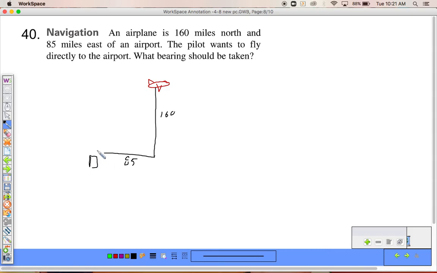I'll just draw some buildings. Here's our one runway. So it's 85 miles east and 160 miles north. If you would have drawn it this way, 160 north, 85 east, we'd get the same picture. Doesn't matter.